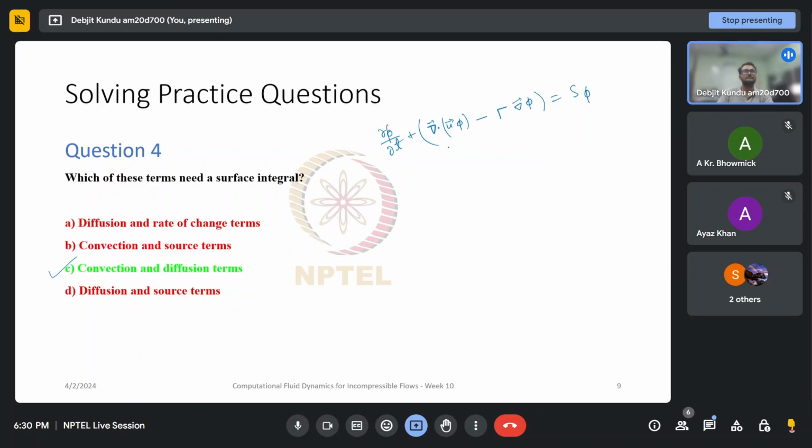So these two terms are clubbed together into the flux term that we saw earlier, where J basically represents U phi minus grad of. This is a vector, by the way.